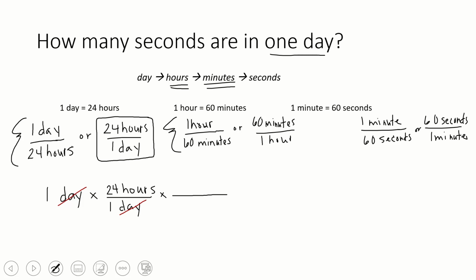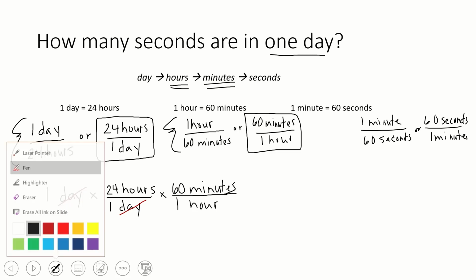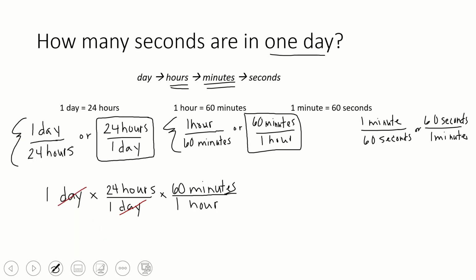So the one that makes sense is this one right here. There are 60 minutes per 1 hour. When I write it like that, my units of hours cancel because I have hours in the numerator, the top, and I'm multiplying it by a conversion factor that has hours in the denominator.